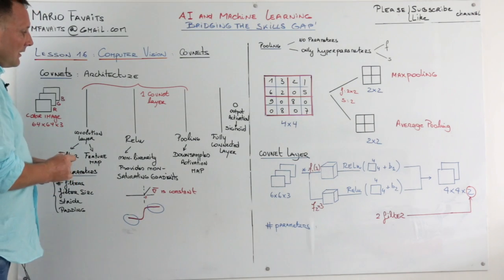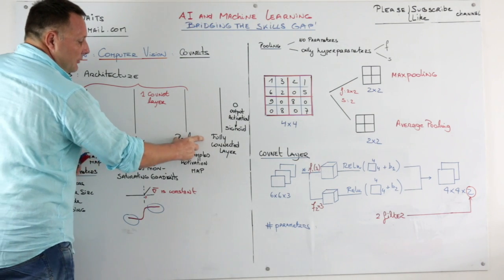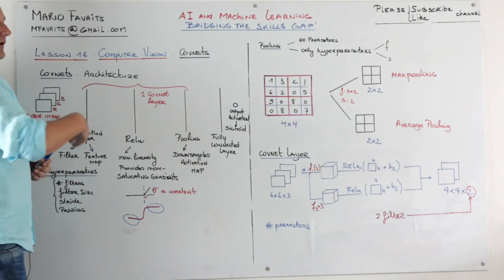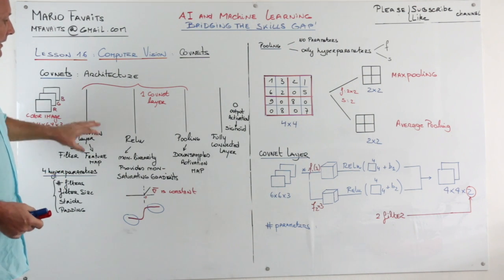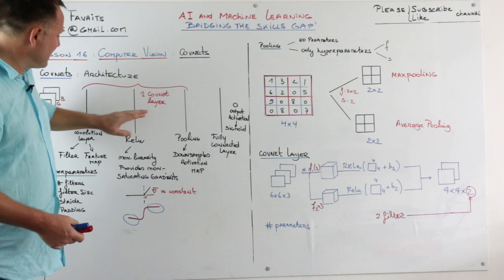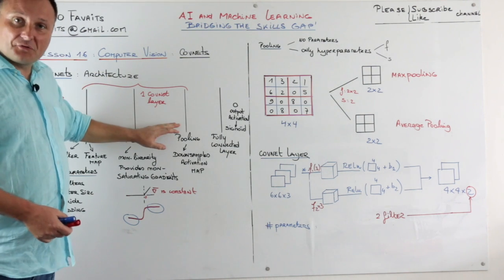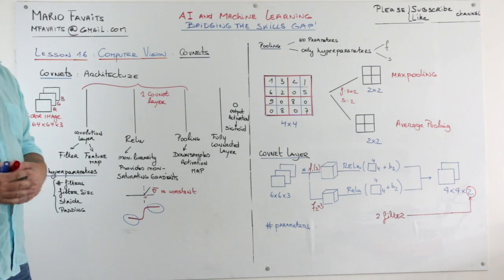Some people will include the pooling in the Covnet layer, other people will not. So this can be a little bit confusing, but I would say the Covnet layer is the combination of the 3, whereas the pooling layer actually does not add any parameters.